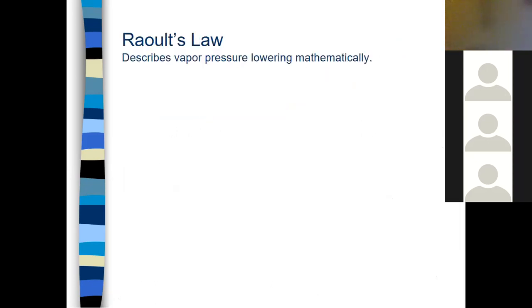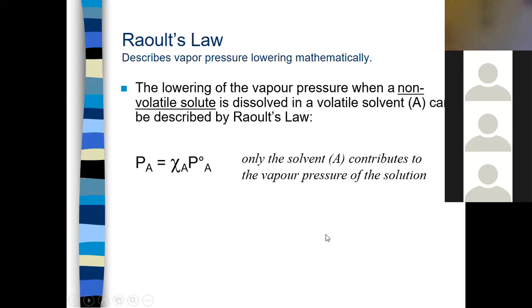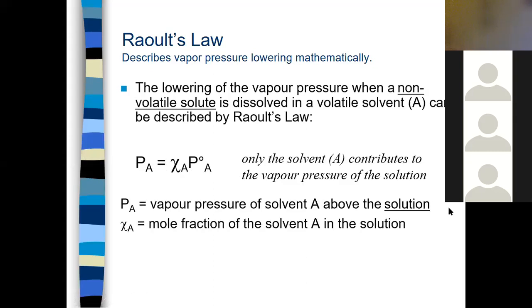So mathematically, we can describe the lowering of vapor pressure by something called Raoult's law, one of the cooler names in chemistry. It's a pretty straightforward concept when you look at it and understand what it is you're looking at.